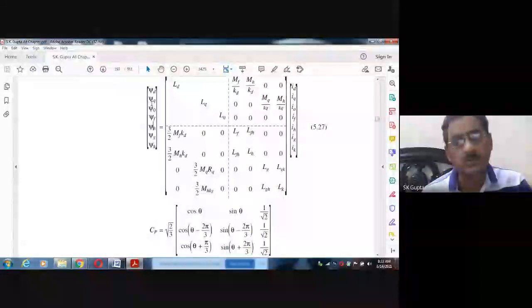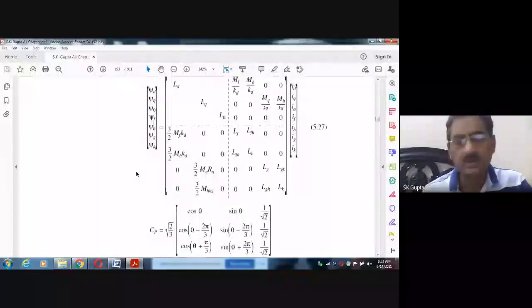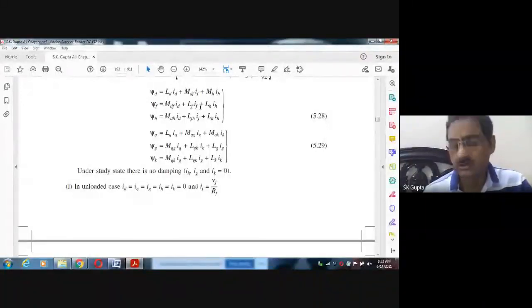So writing the d axis ones with each other and the q axis ones, from here we have written all these equations. Writing these, we have written these 6 equations from above, from the matrix we had. See here, because phi d depends upon id, if and ih. Phi d is not depending upon iq, ig.